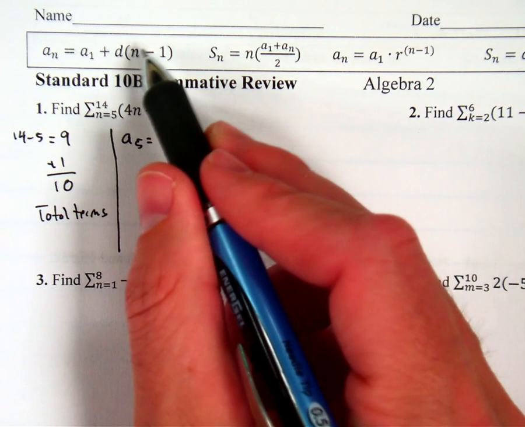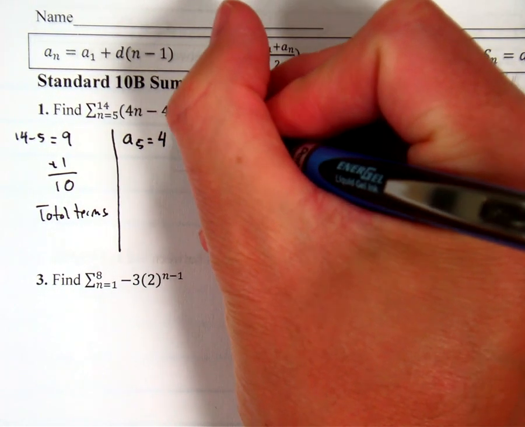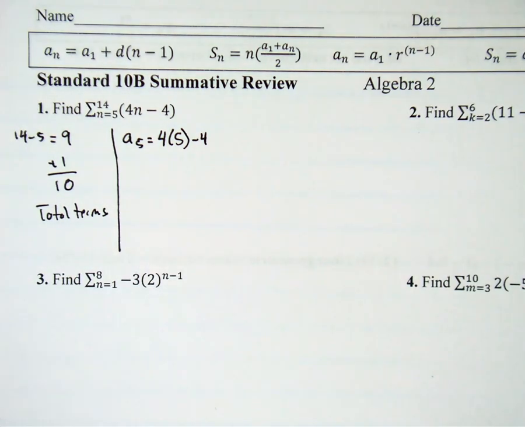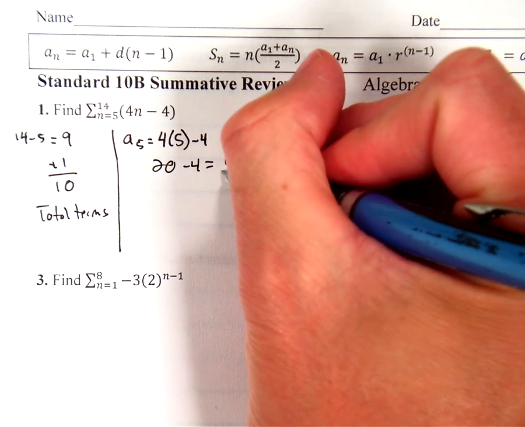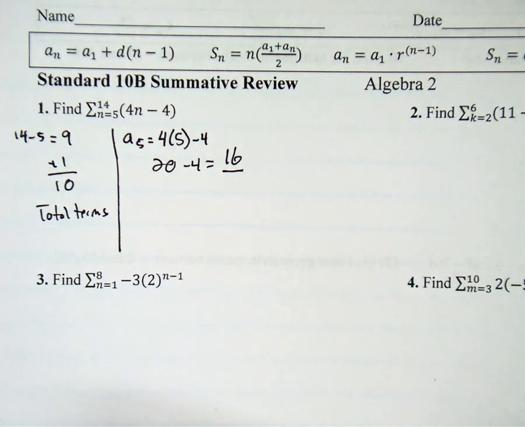So I guess we're not using that one. We're just going to plug 5 into this formula. 4 times 5 minus 4. 20 minus 4 equals 16. For our 5th term, or our first term of our sequence.